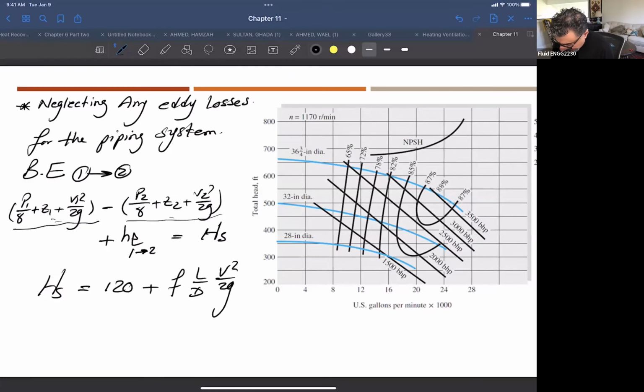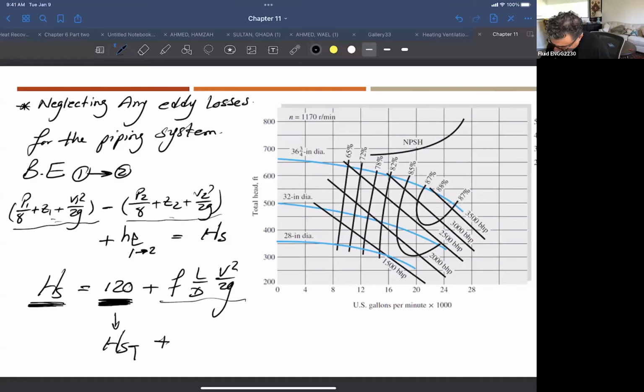Okay, so the system needs to overcome this static lift. We call it the static lift. And please remember this, just to save time every time you solve this type of problem: the piping system head is equal to H static total plus this value here, which I can put in terms of K Q squared.